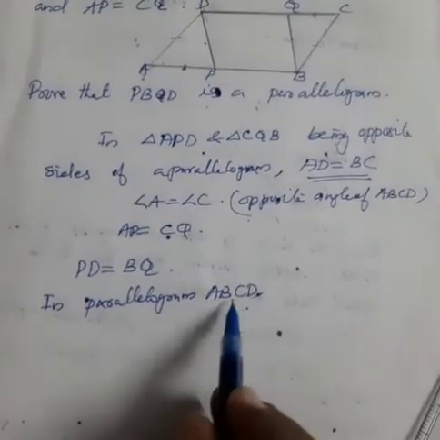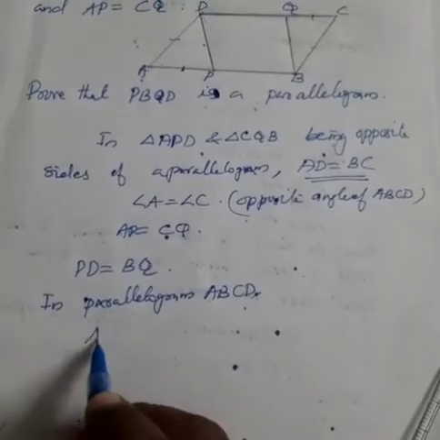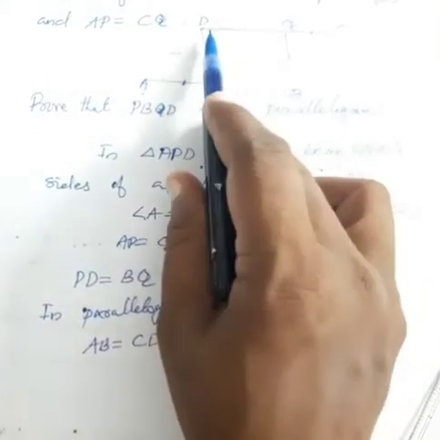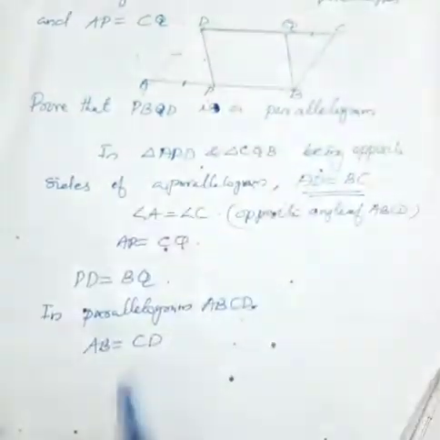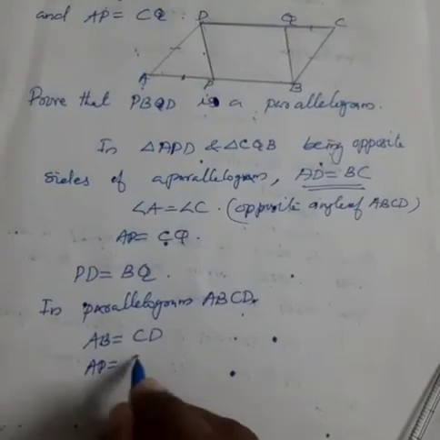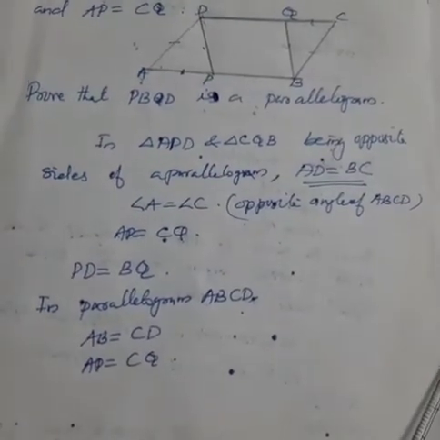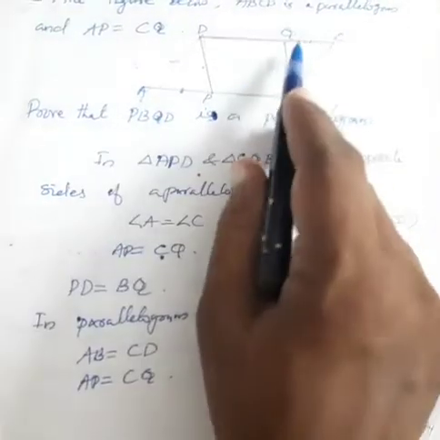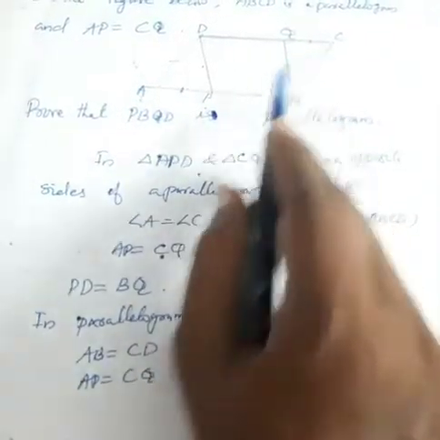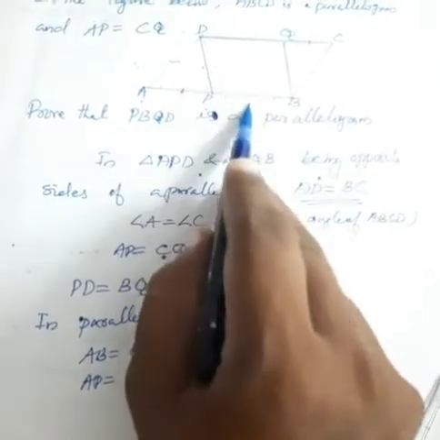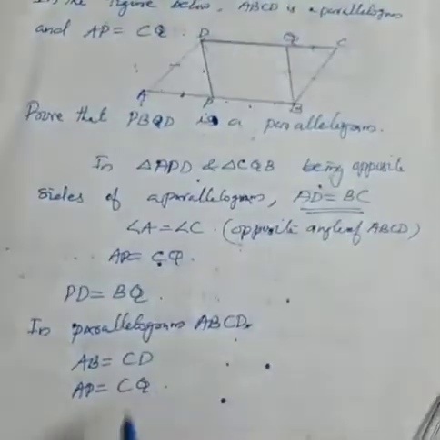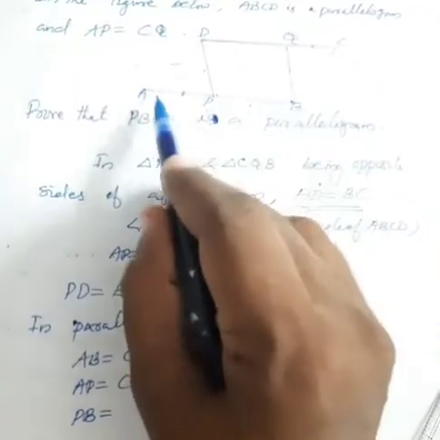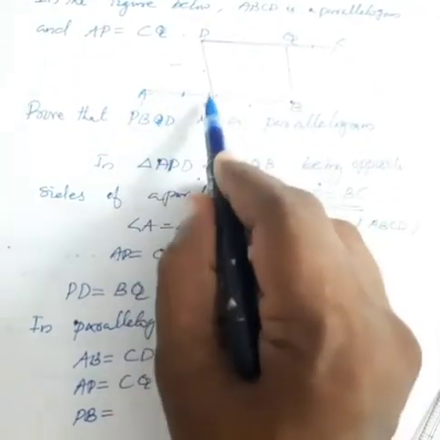In parallelogram ABCD, AB is equal to CD. AB equal to CD. And one more thing given, AP is equal to CQ. Then you can find out AP and CQ are equal, AB and CD are equal. So you can write this, equate this PB. So what about PB? PB is equal to AB minus AP.